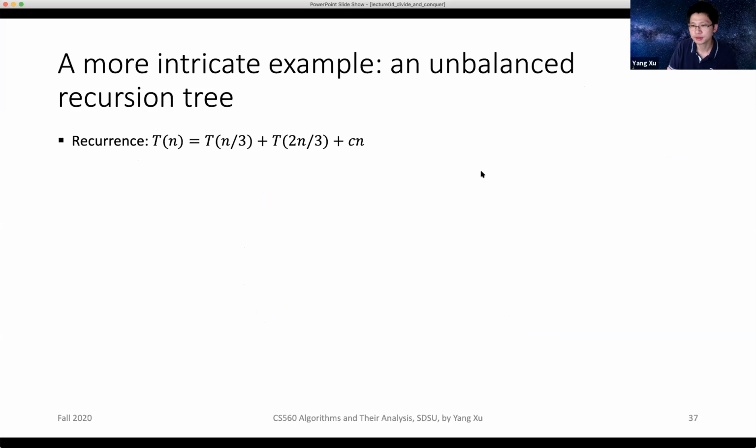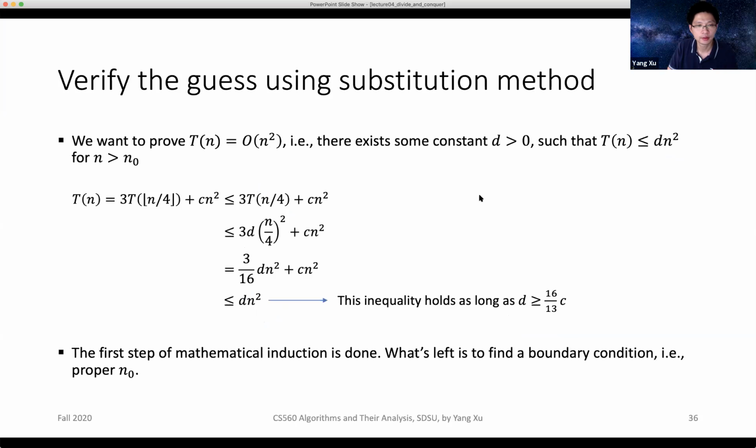Is it 16 over 3? No, because we want this inequality to hold, right?